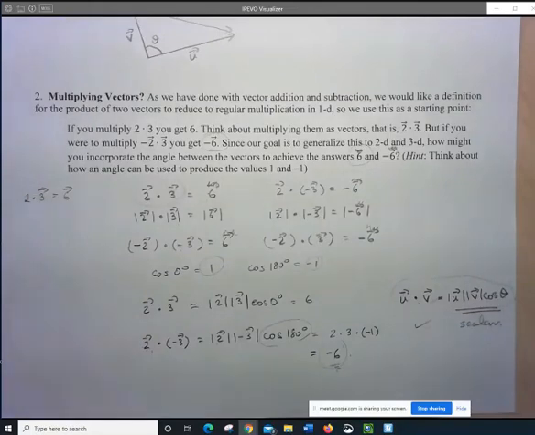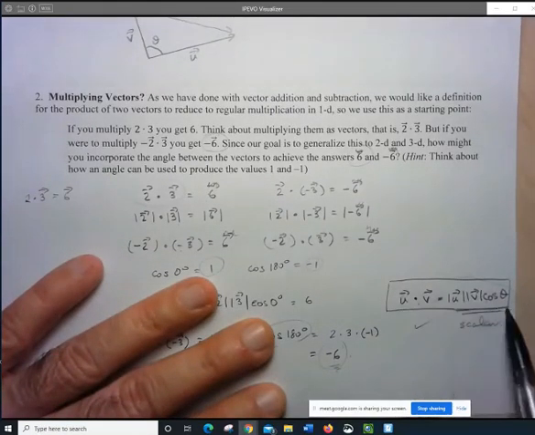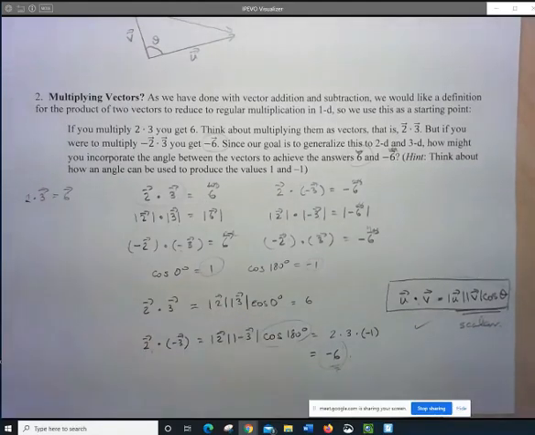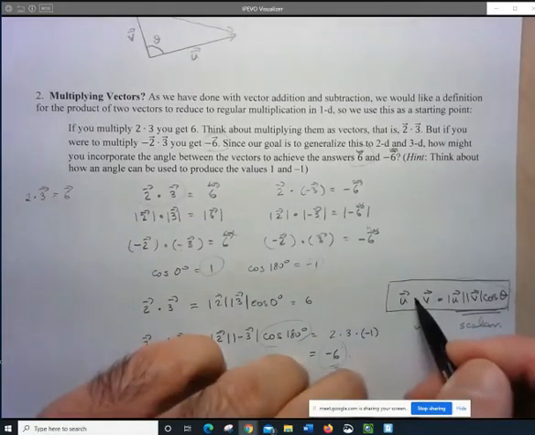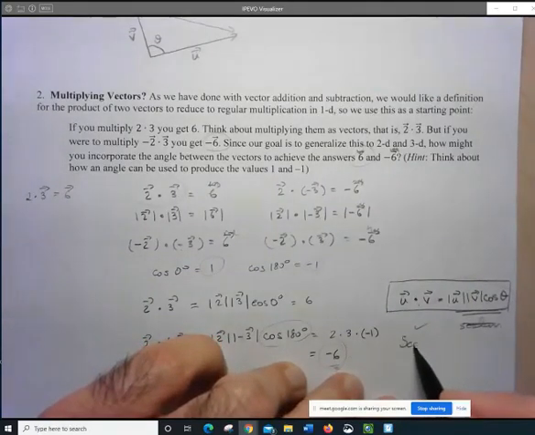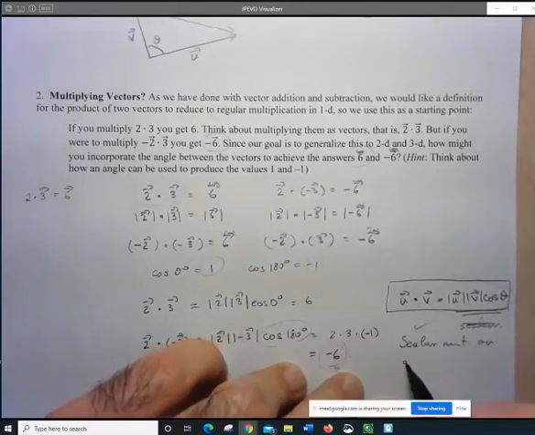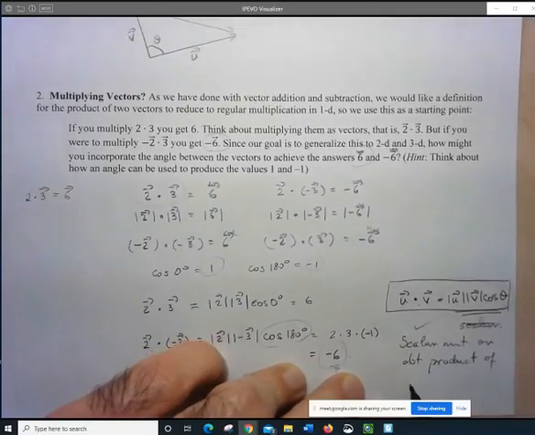All right, so this is now going to be our definition. Okay, now listen very closely. We're going to call this scalar multiplication, okay, or otherwise known as the dot product. So this here is what we call scalar multiplication or dot product of two vectors.